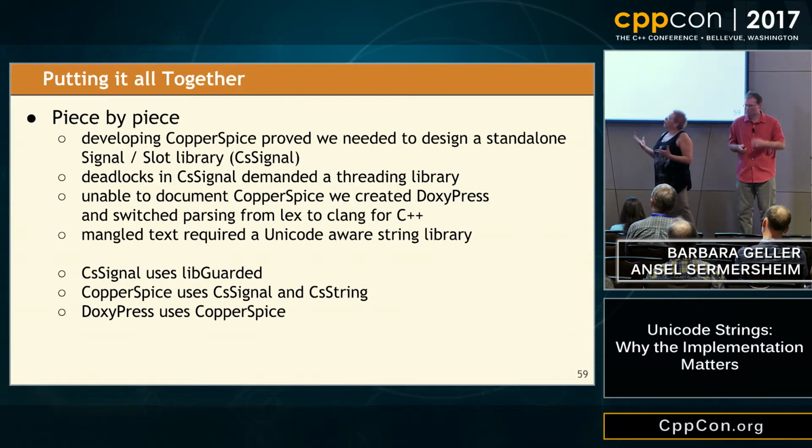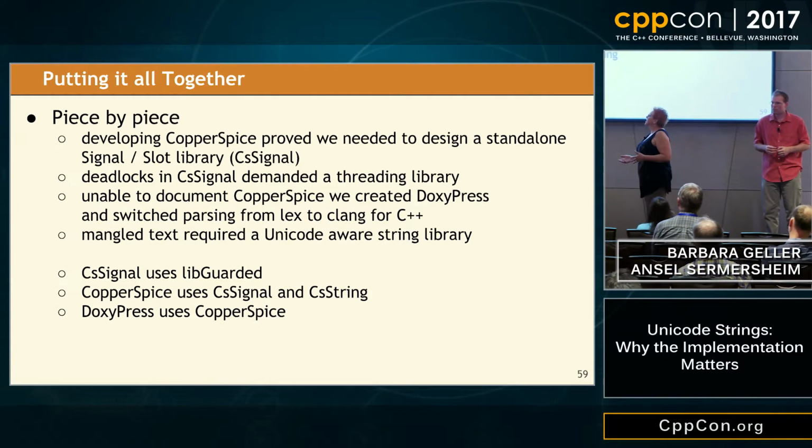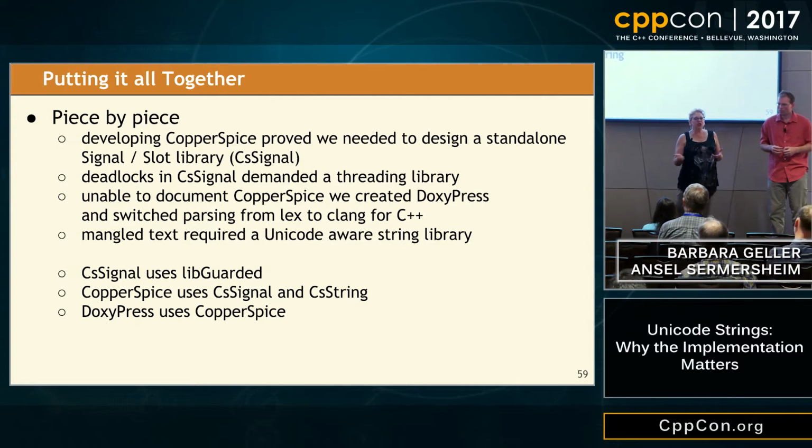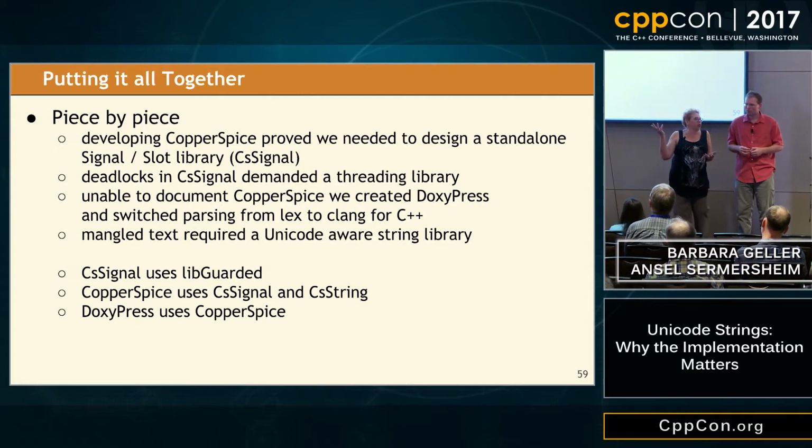So this is sort of why we did everything. We're working on CopperSpice, we're working on DoxyPress, and we needed ways to handle strings. This is an overview of how everything comes together for us as we are integrating everything back into QString 8. As we do this in CopperSpice, we're going to be able to add some using statements and then do a QString at a UTF-16 and have everything there based on our library.